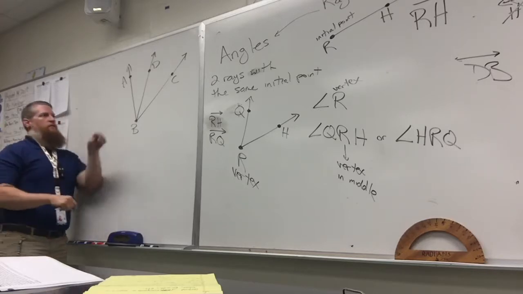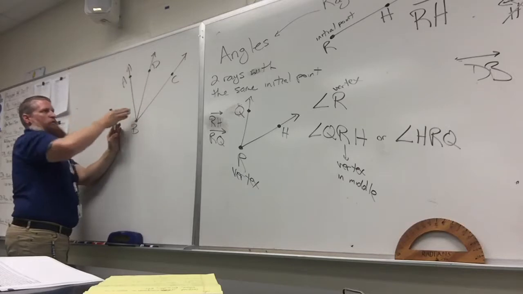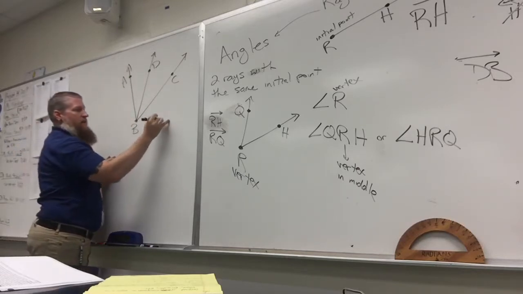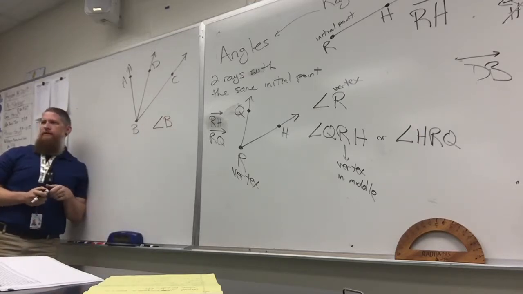Okay? There's one here, there's one here, and then there's the big one there, like if this ray was gone. So if I was just looking at this and I just said angle B, which one am I talking about? No, I don't know. You can't be sure of it.